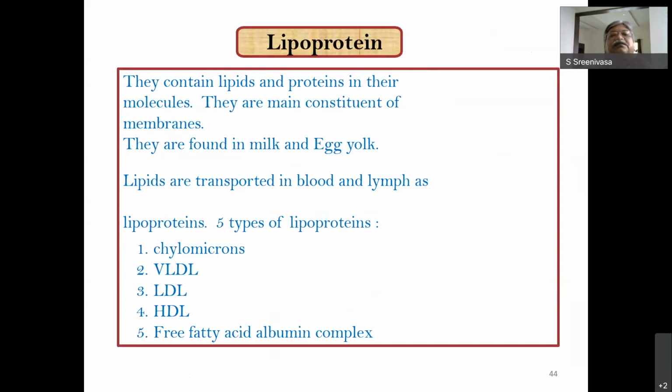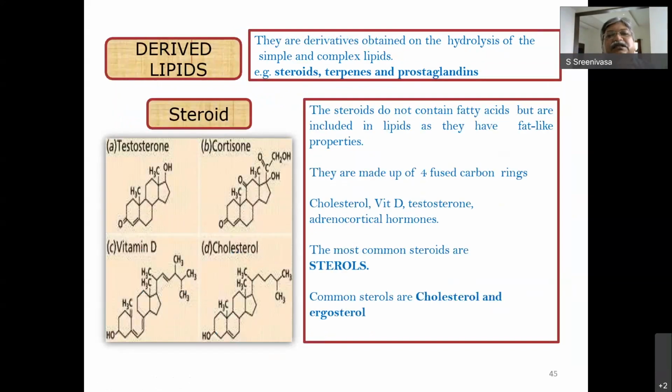By detecting the percentage of lipoprotein, we can say that the person has diabetes or arthritis. They can be used as markers for identifying the diseases. And the last one is steroids. Testosterone hormones, cortisone hormones, vitamins, cholesterol. These are all our lipids and fats.